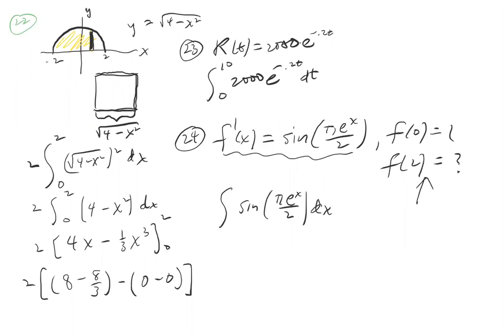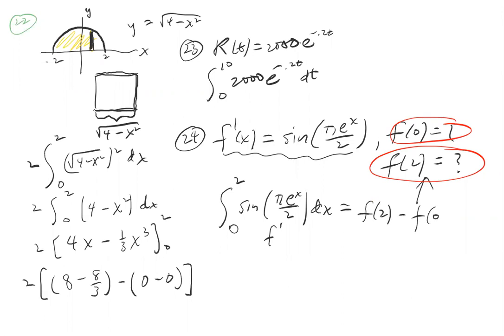Now, what limits do I put on this integral? 0 to 2. Why? Because one of them you know, and the other one you're trying to find. So according to the fundamental theorem of calculus part 2, what is this equal to? Well, if this is f prime, then isn't the antiderivative f? Plug in the top number, plug in the bottom number, and subtract.